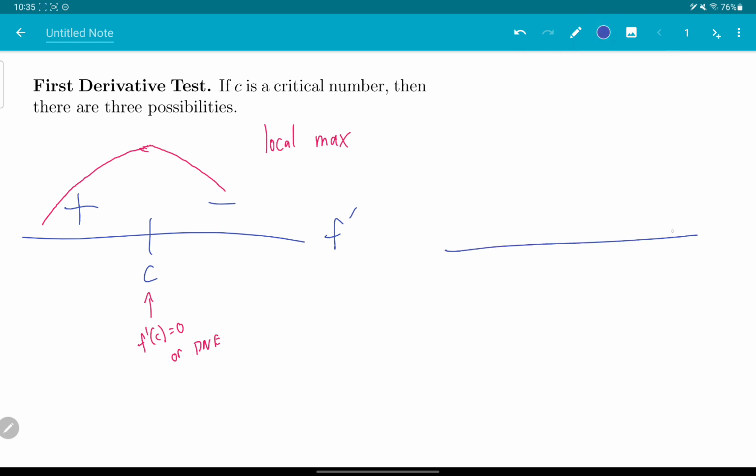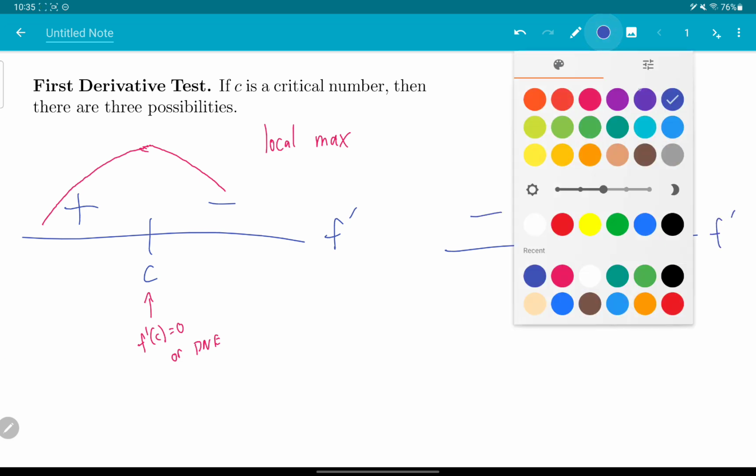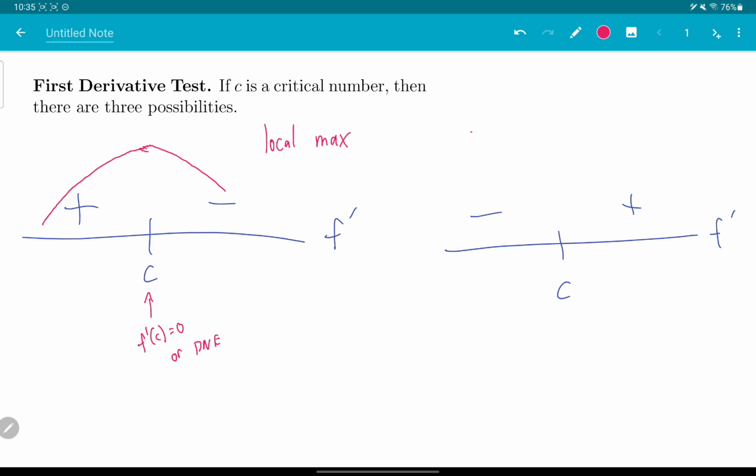You can also have a local min. That would look like a minus and plus. And then you're decreasing before the c and then increasing after, like so. Local min, or minimum if you prefer.